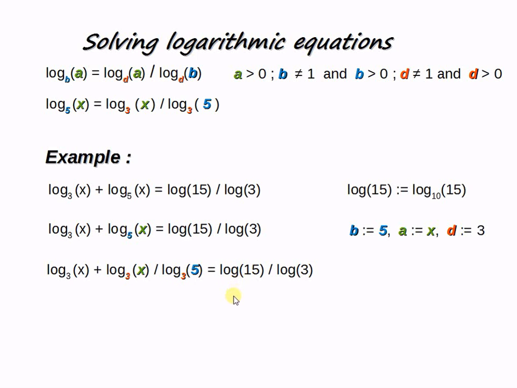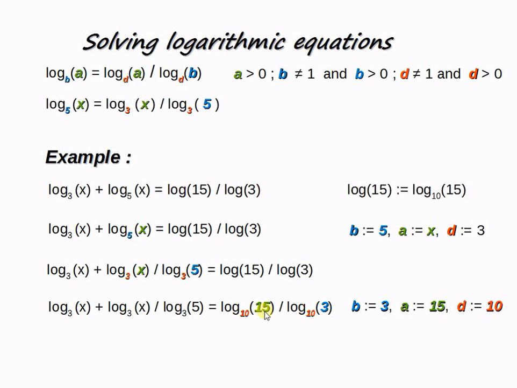So let's rewrite the equation once again, and we're going to simply follow the pattern from the rule, remembering that b from the formula now turns into 3, d is going to be 10, and a becomes 15. Let's have a closer look at it.